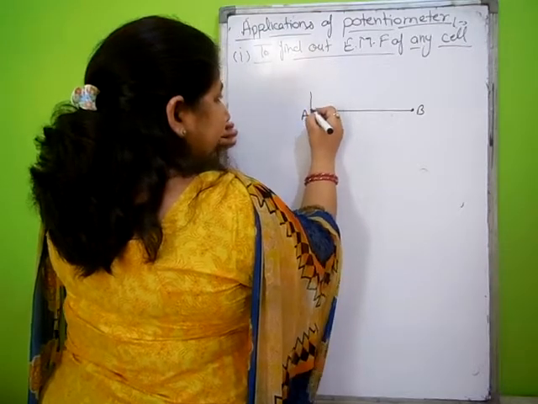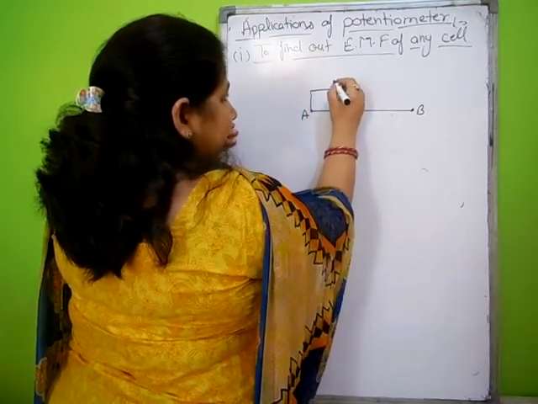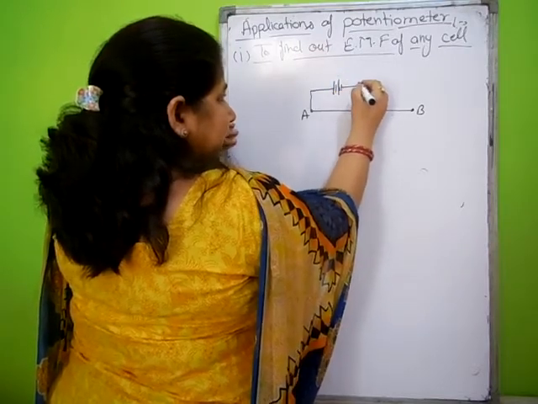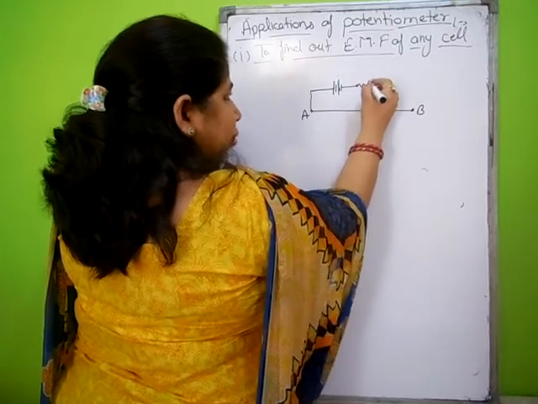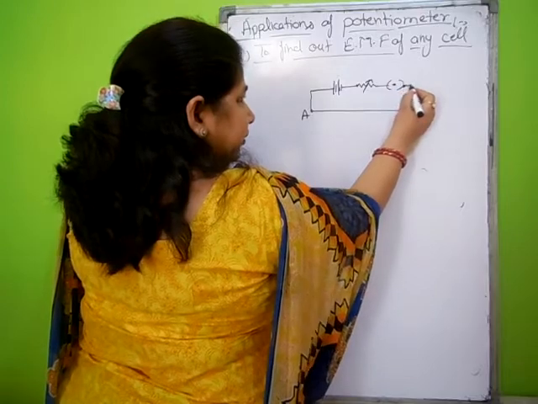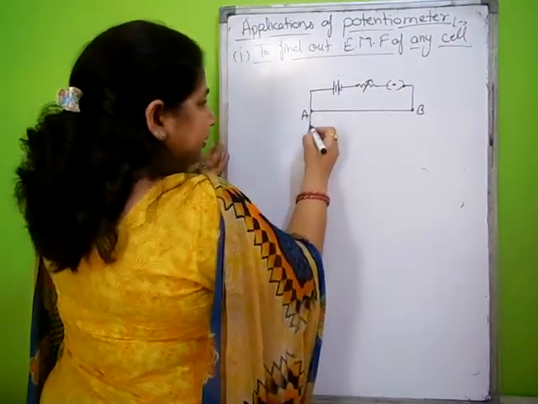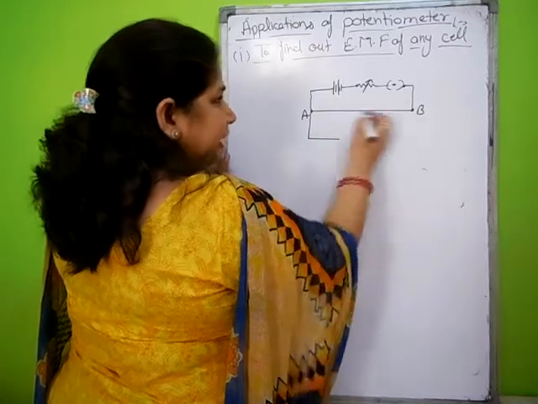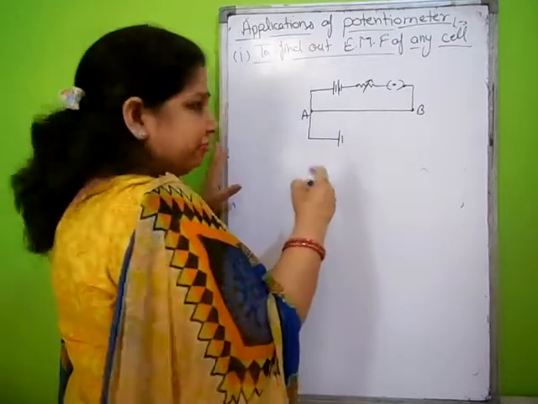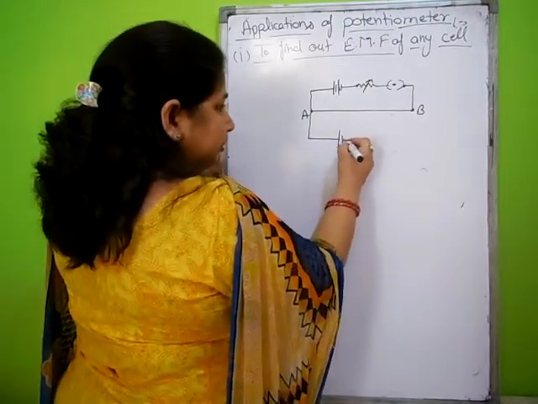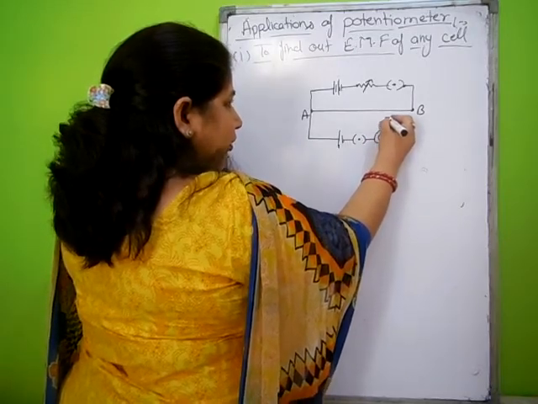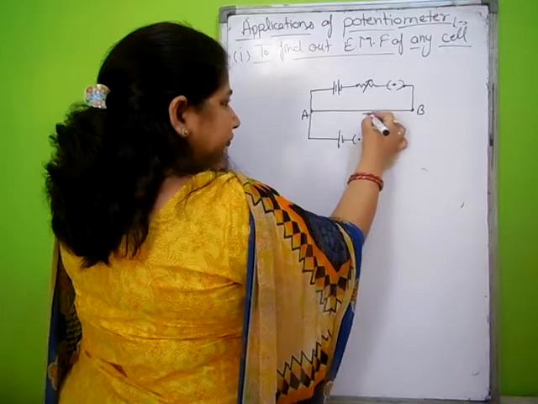Now between the points A and B we have a battery, a rheostat to vary the resistance of the circuit, a key. This is the arrangement, and here we have the wire, and here we have a cell whose EMF is to be found out, a key, a galvanometer, and also a jockey.